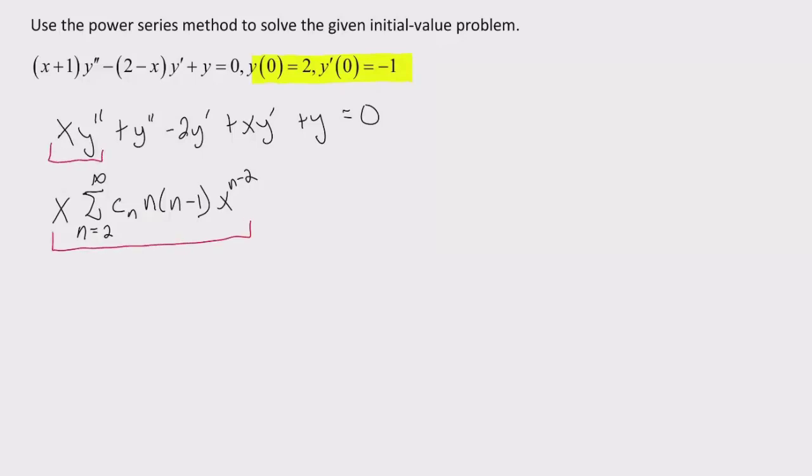Okay, so then I just repeat myself with the second derivative there. So n equals 2 to infinity c sub n, n minus 1, x to the n minus 2. Okay, so that's this piece right there.